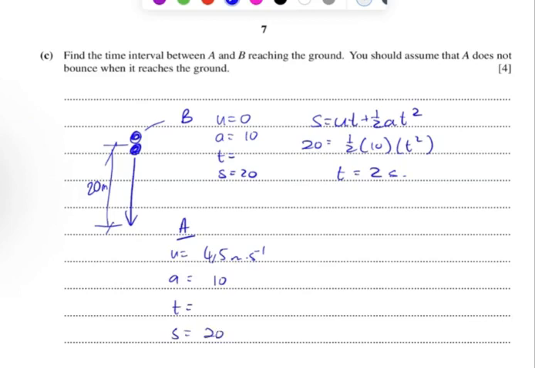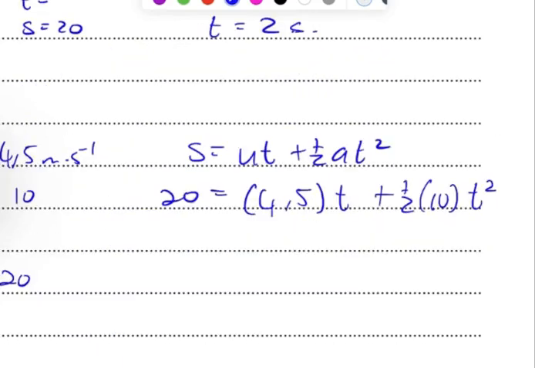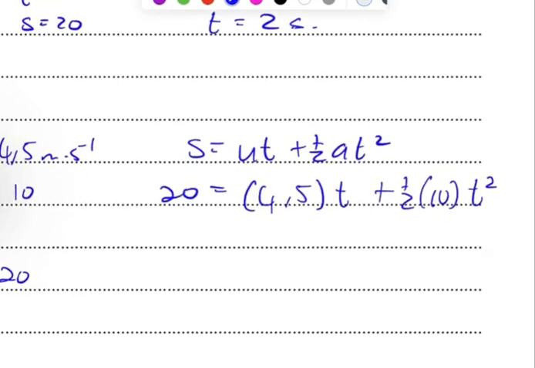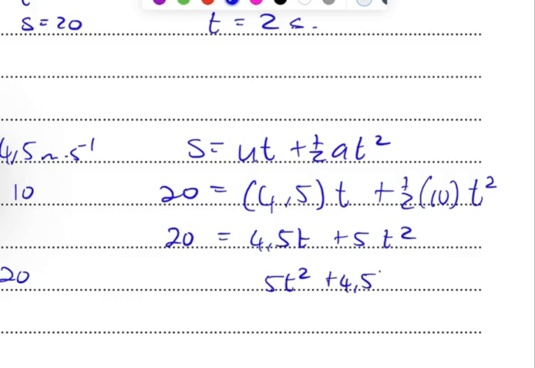So s is ut plus a half at squared, and that's not 0, so we've got 4.5 times our time, plus a half times 10 times t squared, equals 20. Here we're going to have to solve a quadratic: 5t squared plus 4.5t minus 20 is equal to 0.